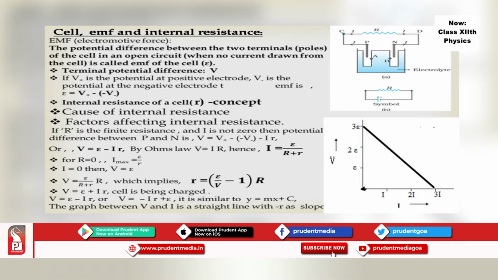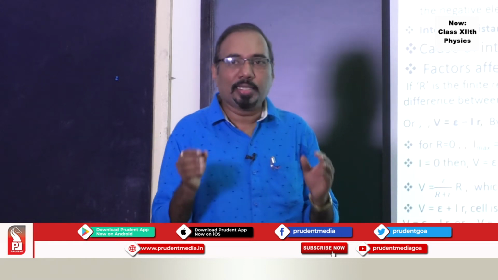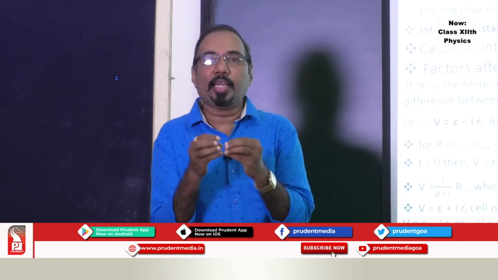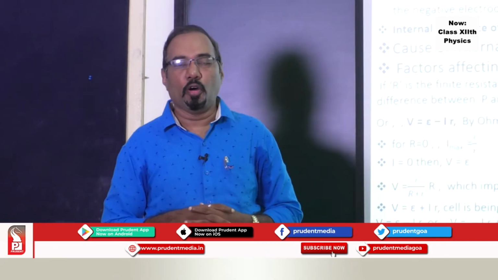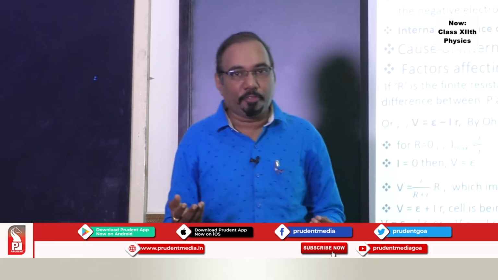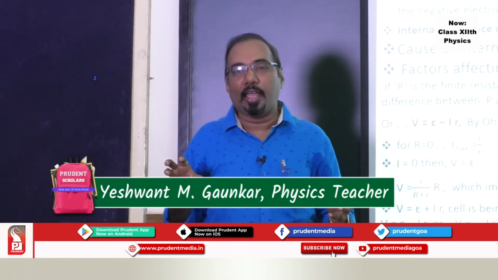Let's discuss now what is meant by EMF of the cell and internal resistance. Now I told you, once the electric field is applied between the ends of the conductor, electrons start drifting opposite to that of the electric field. How to create that electric field all the time so that electrons are in continuous motion towards the higher potential?